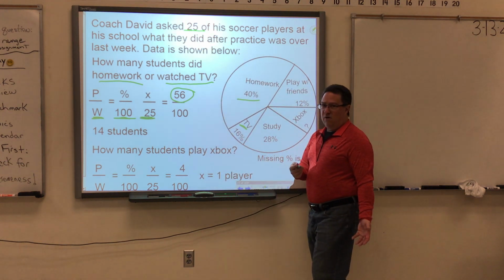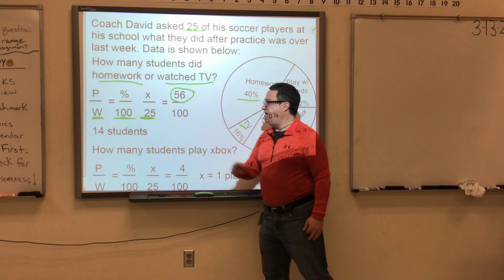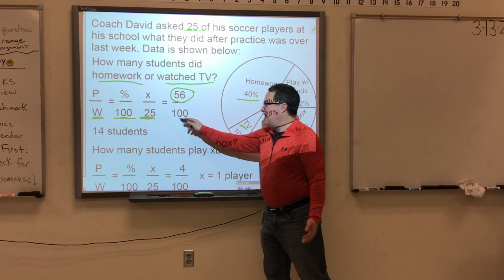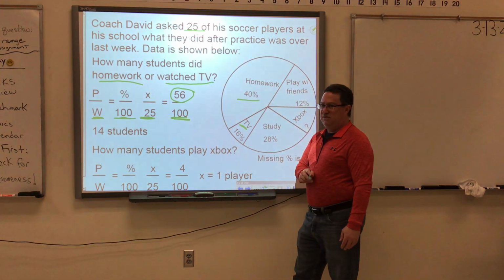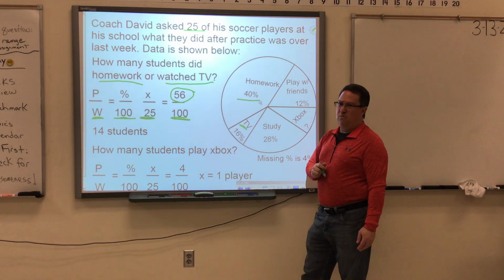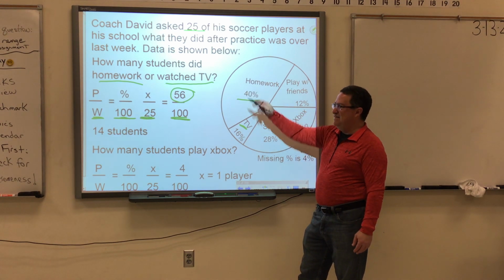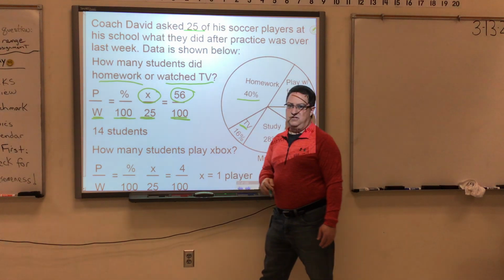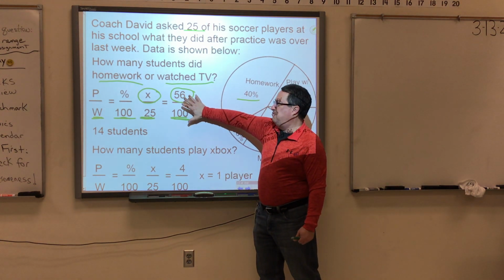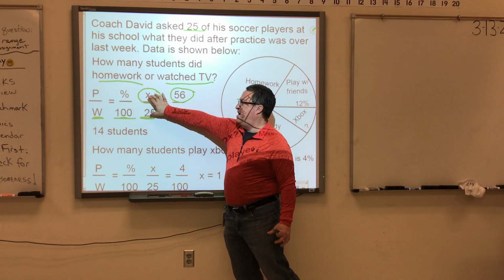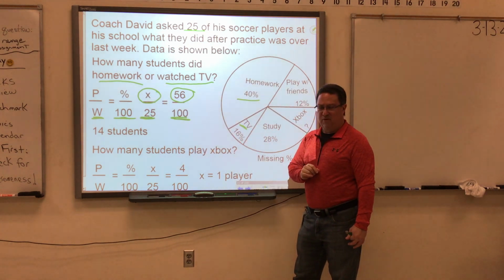In other words, he asked 25 of his total students. We're looking for 100%. Here's the percent that watched TV and homework, and I want to know how many of those are students. So I'm taking the percentage proportion and turning that into a student proportion.